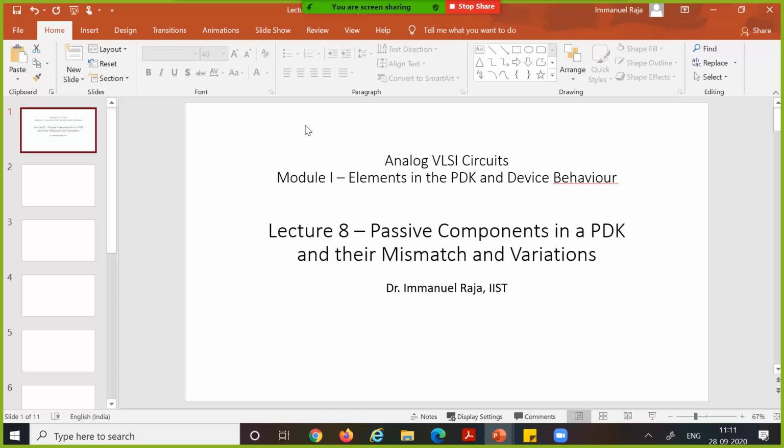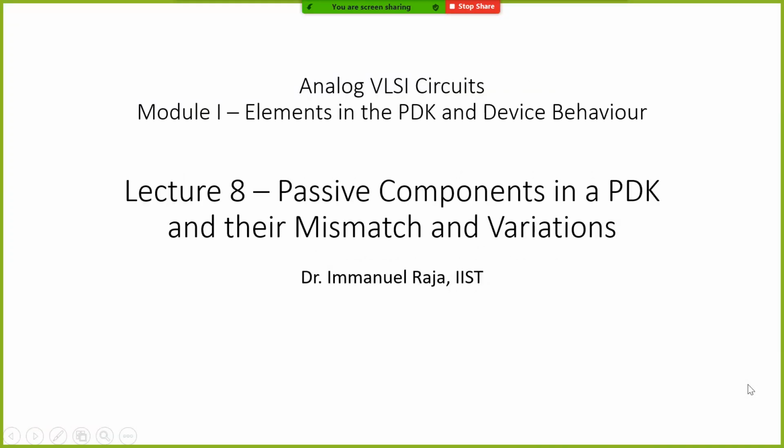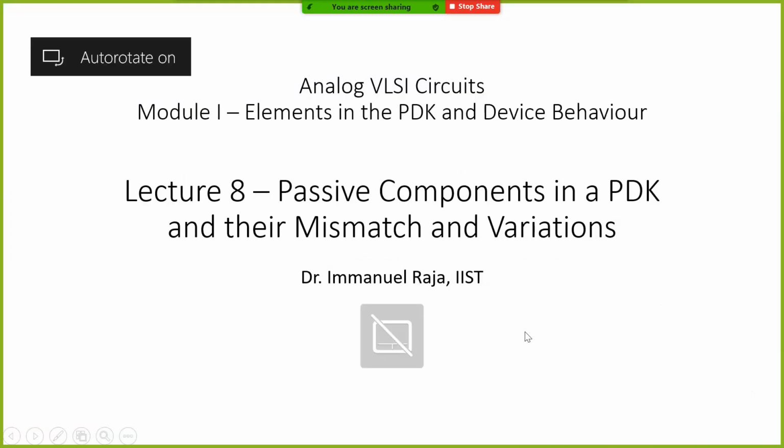Okay. So in the last class we looked at different components. We saw that a PDK will have the following components. First of all, you'll have the MOSFETs, and you'll have both NMOS and PMOS.